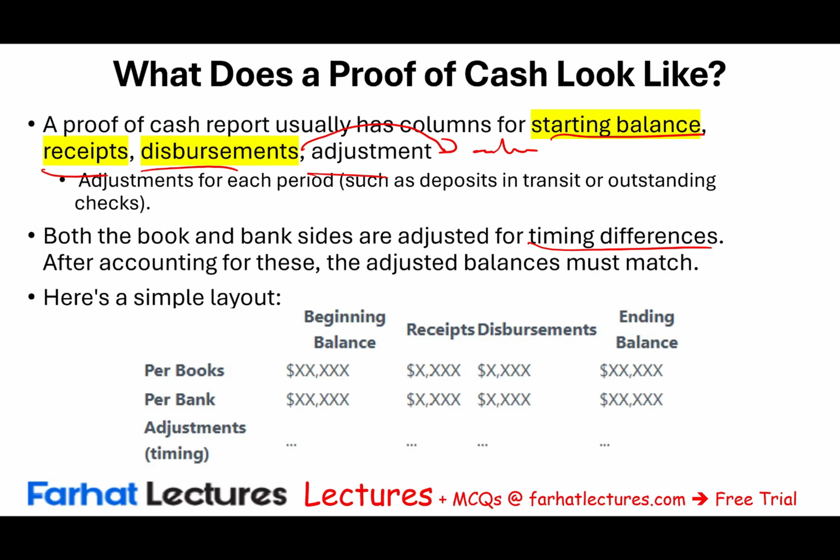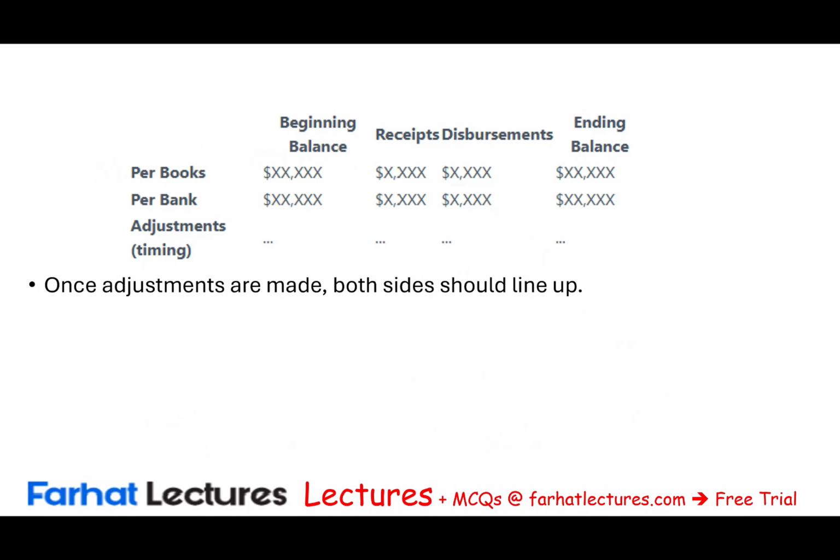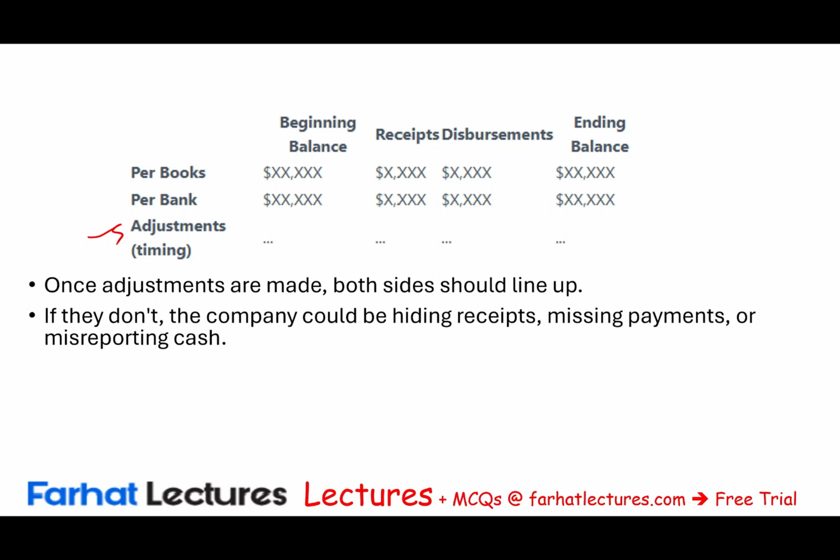It looks something like this. Per books, we have a beginning balance, receipts, disbursements, ending balance. Per bank, the same thing: what was the beginning balance, receipts, disbursements, and ending balance? Once timing adjustments are made, both sides should line up. If they don't, the company could be hiding receipts, missing payments, or misappropriating cash.